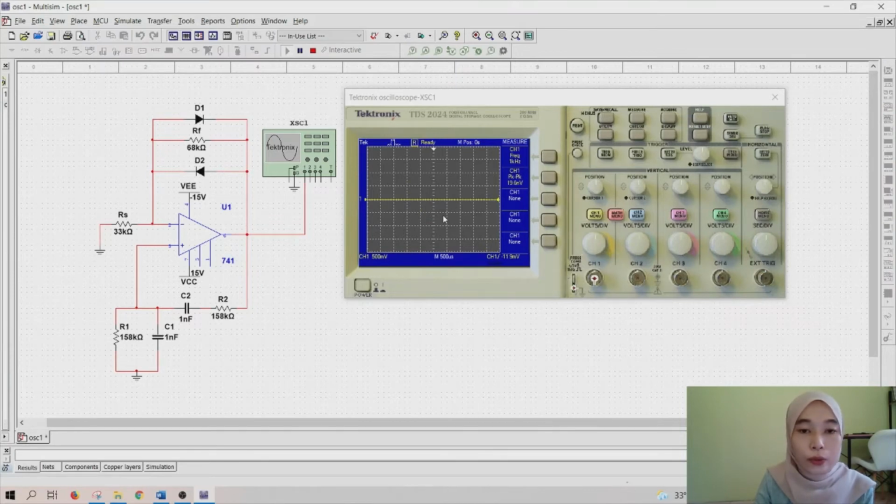If you did not put the diode here, you will get the same frequency, but the oscillation will have distortion. As you can see here, I use the values of resistor and capacitor based on the earlier calculation, and I got the frequency of 1 kilohertz and the peak to peak voltage equal to 1.38 volts.